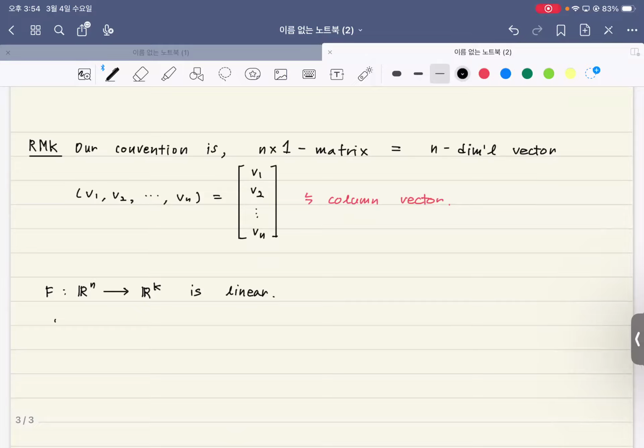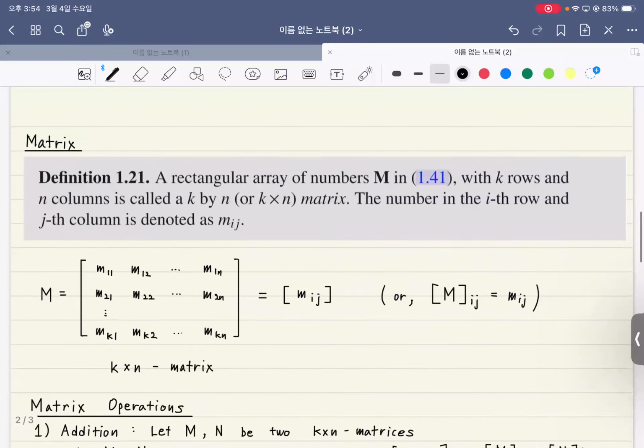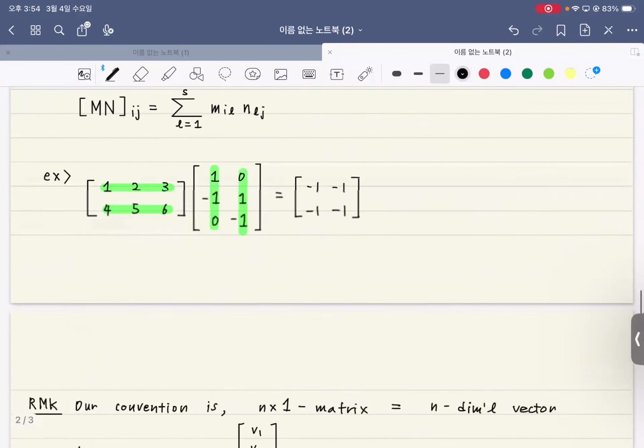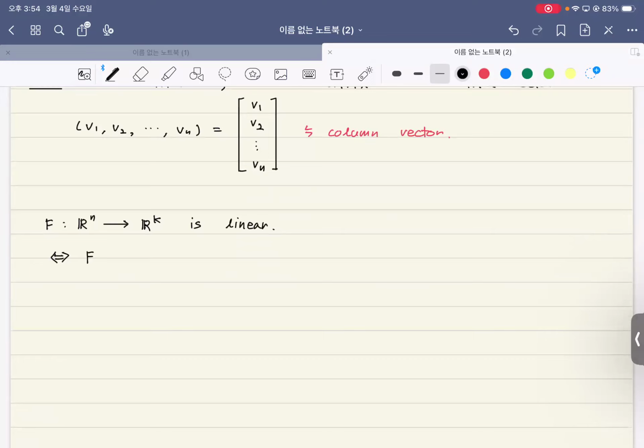Then, because of the previous theorem, what was that? Yeah, because of Theorem 1.18, V1, V2, Vn is, hold on.